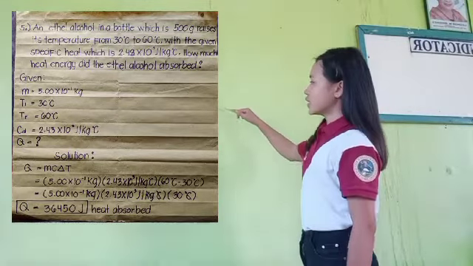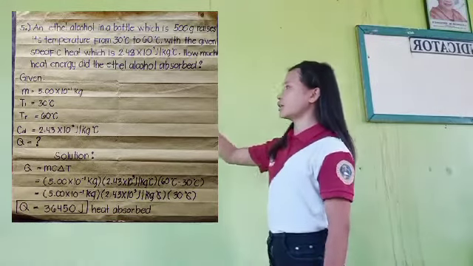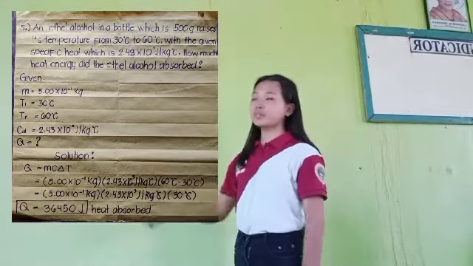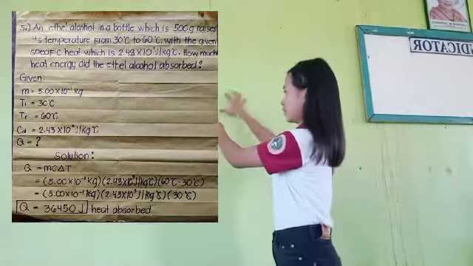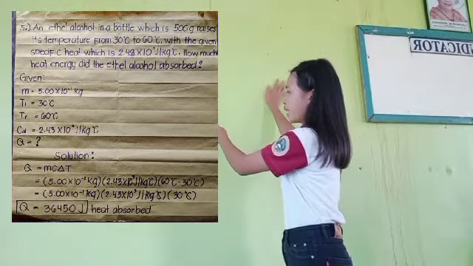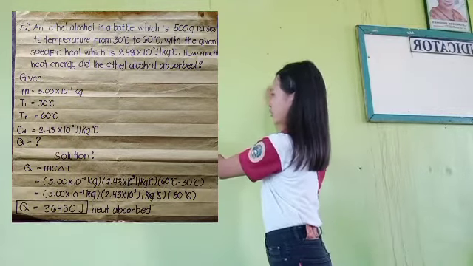So, what is asked in the problem is the heat energy that the ethyl alcohol absorbed. So, let us look for its given. Given mass equals 5.00 times 10 to the power of negative 1 kilograms.